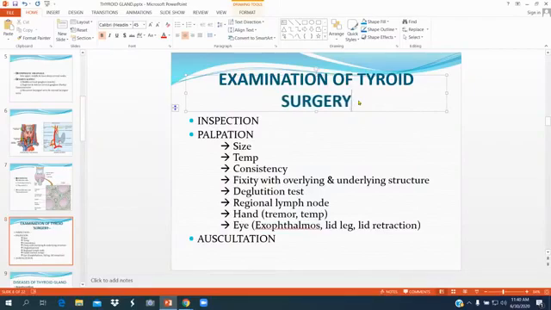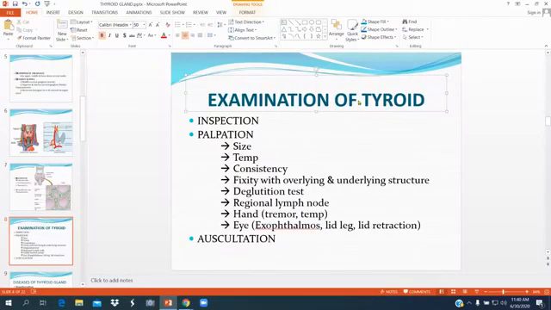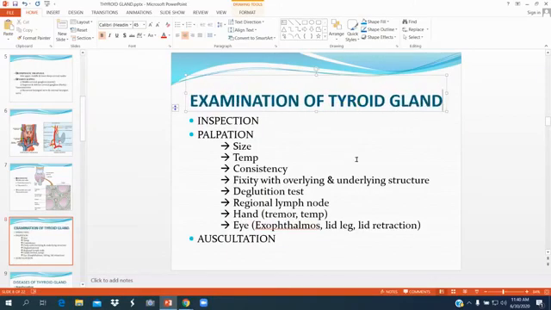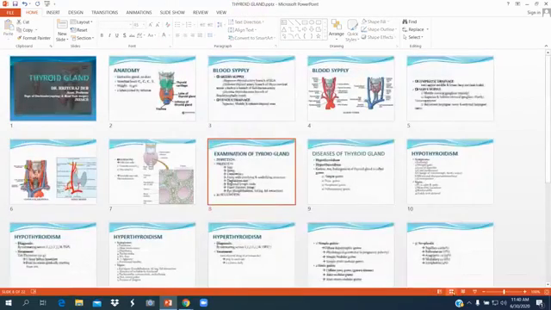Other endocrine glands are internal organs of the body, not external.